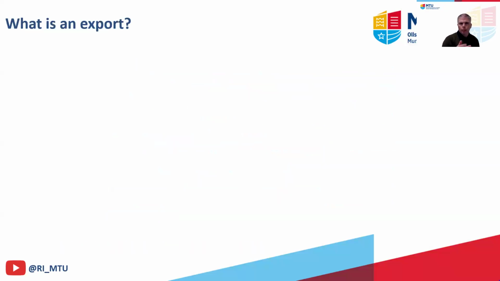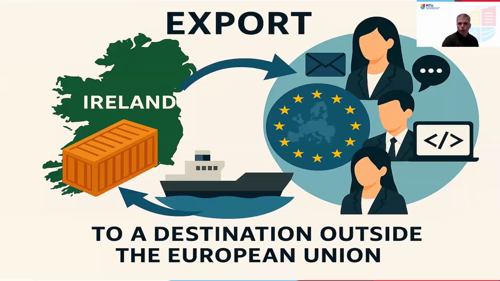Okay, so then it comes to what is an export? An export is quite broad. I've got this lovely graphic. I say lovely, I got this from Copilot, so it's open to interpretation whether it's lovely or not. But what we're talking about when we're talking about an export is any transfer of goods, technology, or technical information, typically from Ireland to outside the EU. But that can vary, and you can see that in the example that I will look at later on.